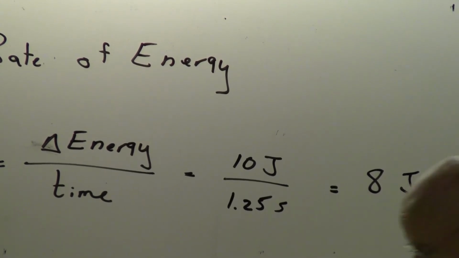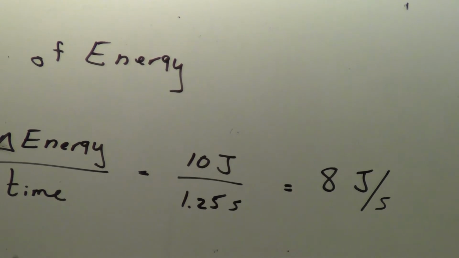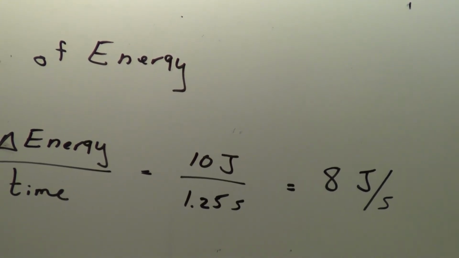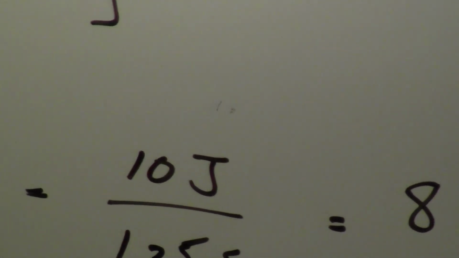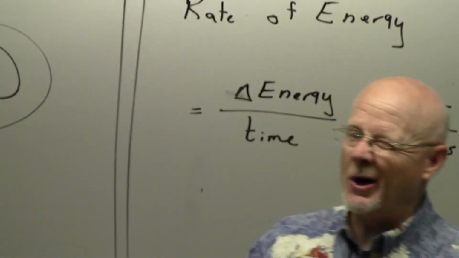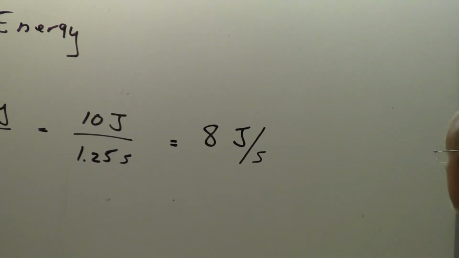In other words, as it's going down, it loses 8 joules of potential energy every second, which of course it lost a total of 10. That's why it took more than 1 second. And that's why I wanted to use a number that was more than 1 second.